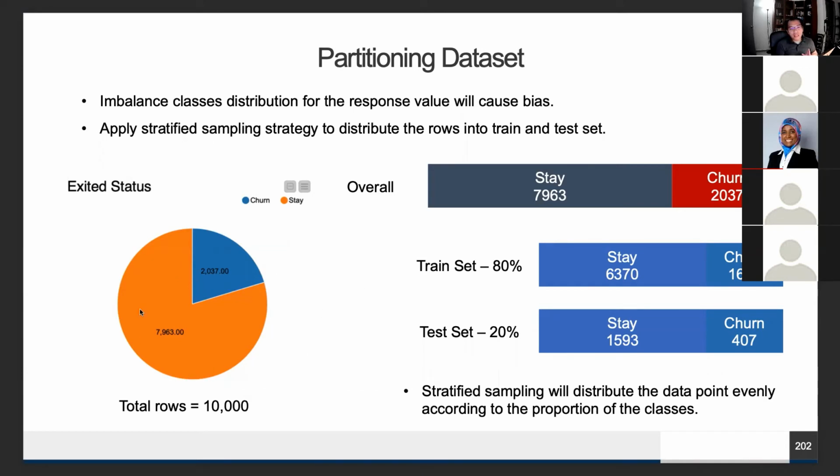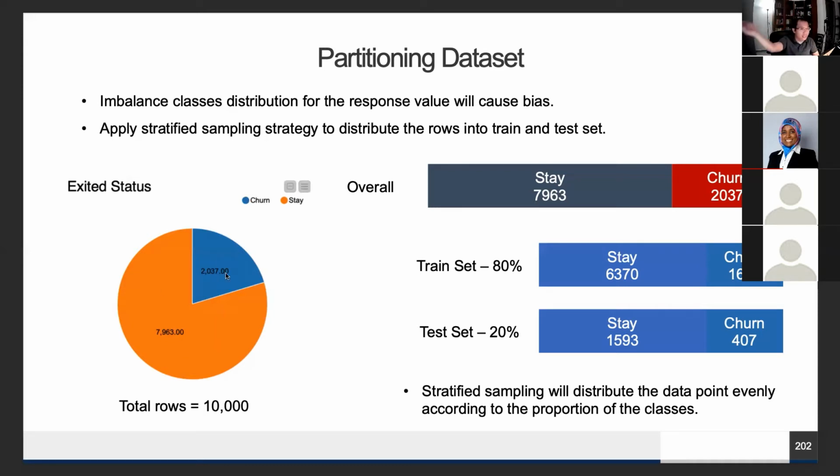Or too much data goes to the train set and very little goes to the test set for the churn status. Or very little going to the train set means that your model will have a bias to predict stay. What I can conclude here, as you will see later, is that the model performs better on stay compared to churn due to the number of data.